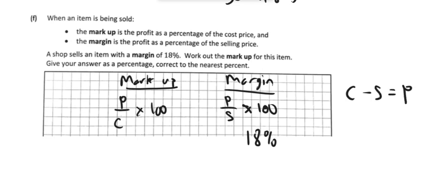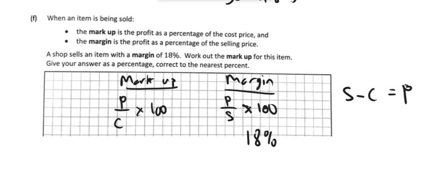Alright, or sorry, opposite way around. So selling price minus cost price is equal to how much profit you make. So we need to compare here. Because P will be the same in both things, it doesn't really matter, we can let P be the profit.